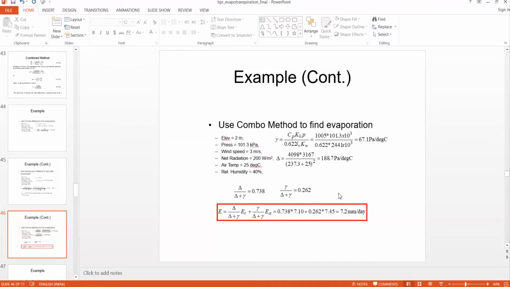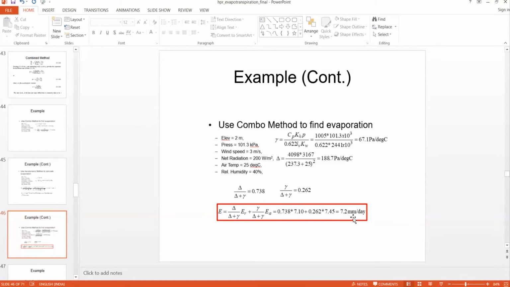So we are giving such weightages to ER and EA, the evaporations calculated by the energy balance method and the aerodynamic method. When we sum those, the coefficients sum to 1. Using this method, the evaporation is calculated as 7.2 mm per day.